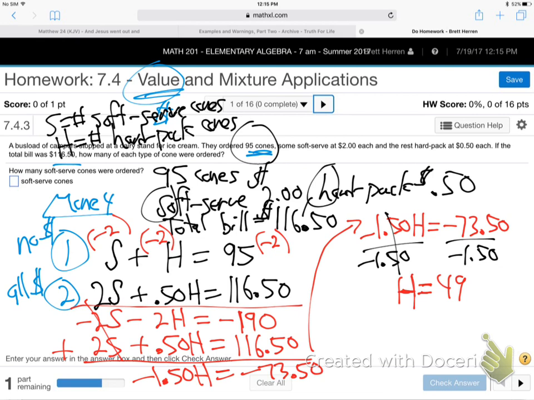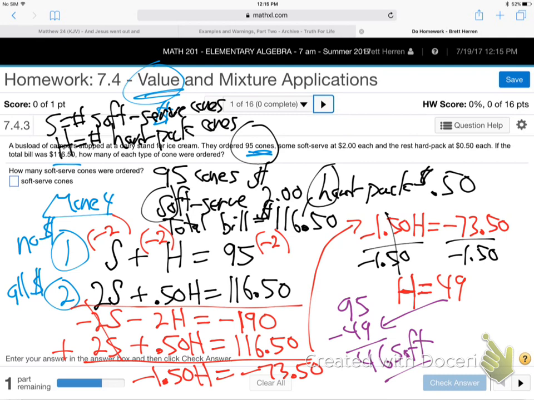You subtract, right, from the total. Does that make sense? So just take 95 now minus the 49. And that'll be something else, I don't know, 46. 46 soft serve. And we're done.